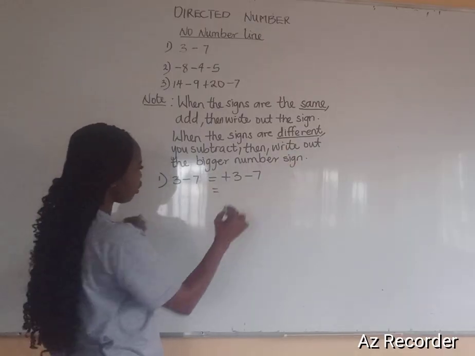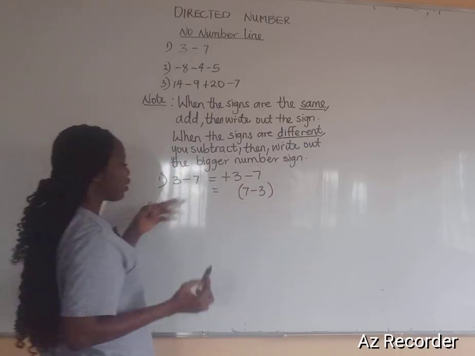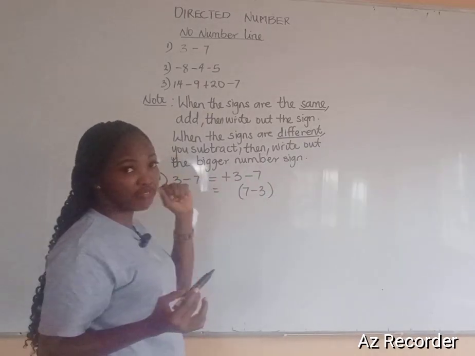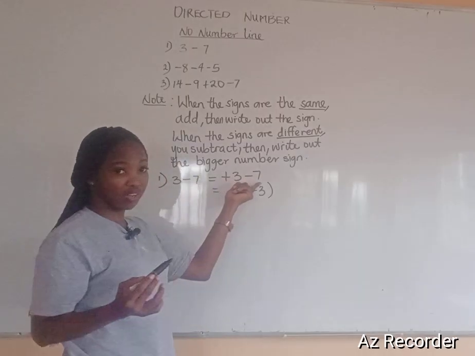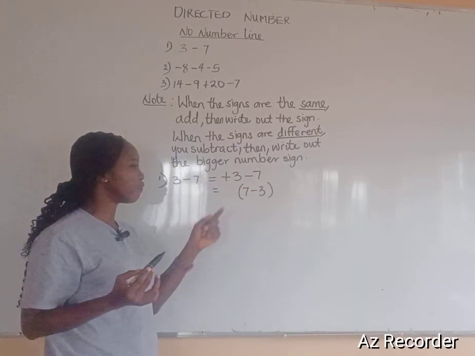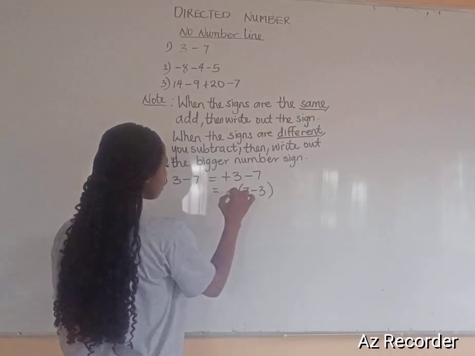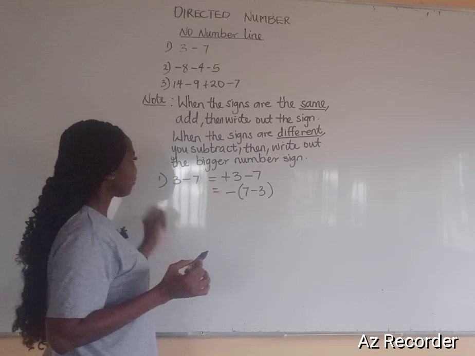So I'm going to do 7 minus 3. The bigger number between 3 and 7 is what? 7, right? That's correct. And what sign is the 7 carrying? The 7 is carrying the negative sign. So I'm going to put my negative sign.